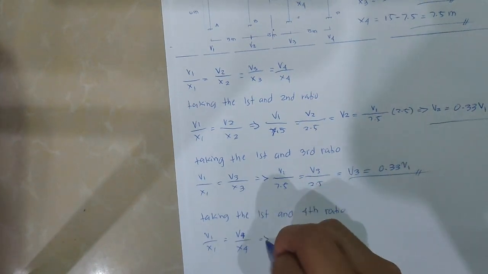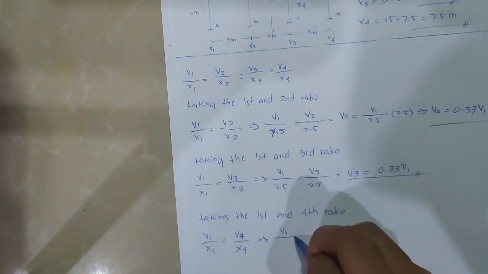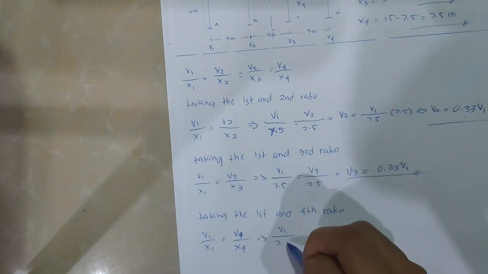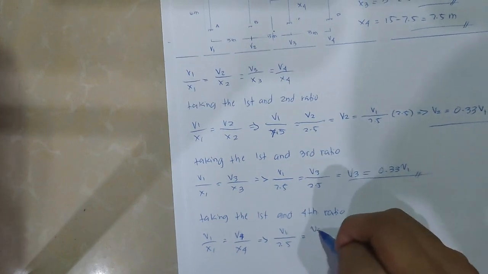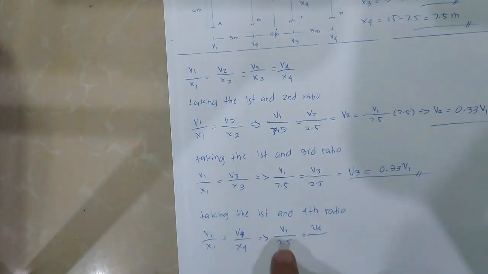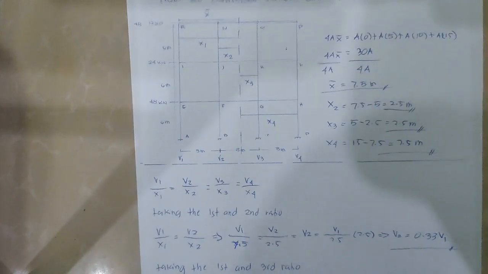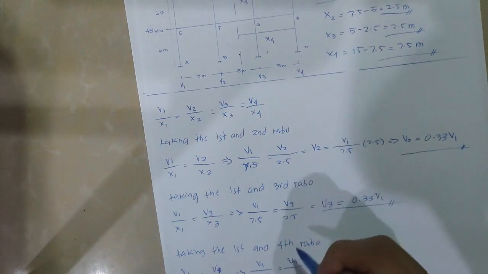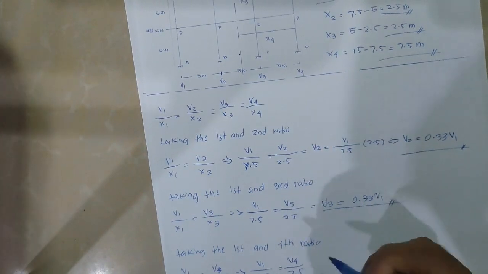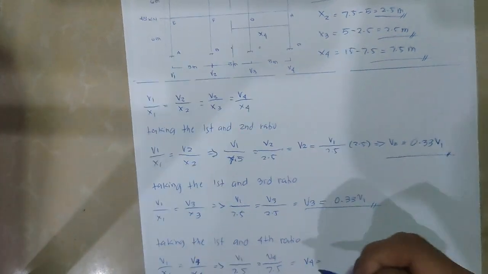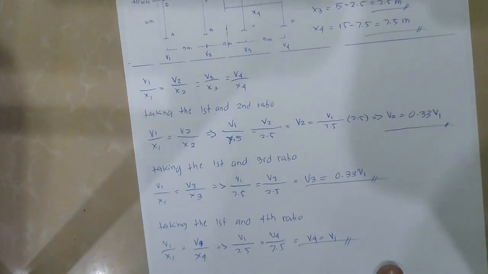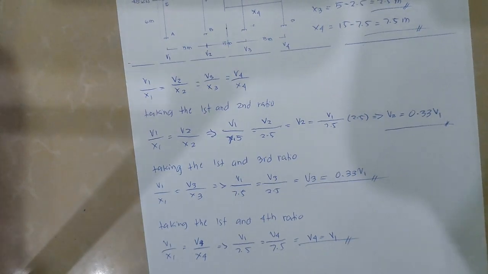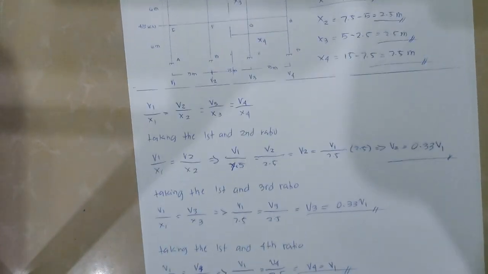X1 is 7.5, equals V4, which is what we want to find, and X4 is 7.5 also, which when divided is just 1. So V4 is equal to V1. That leads us to our next step, step 2.